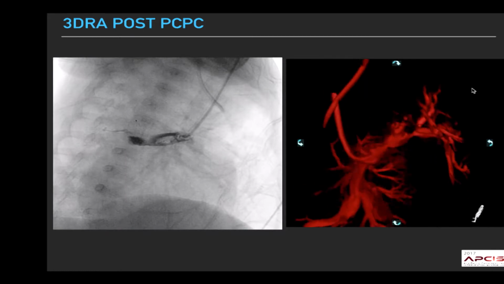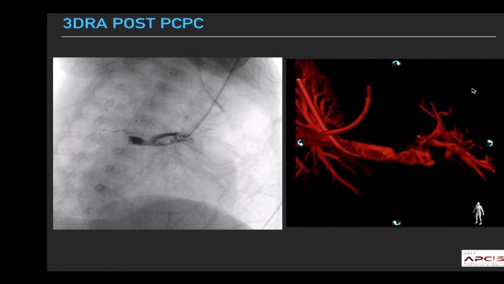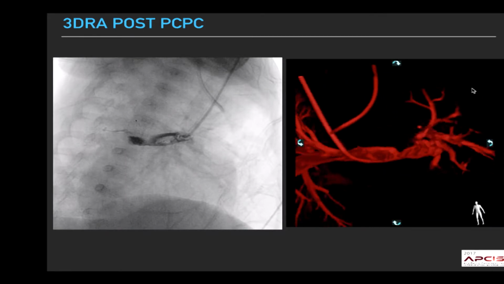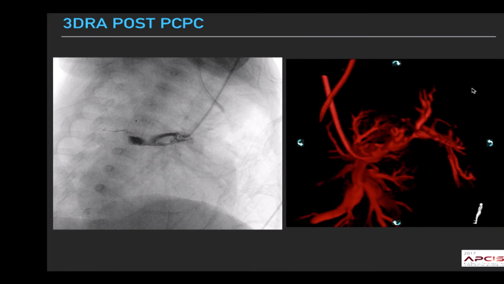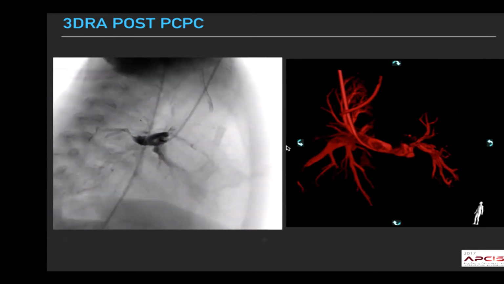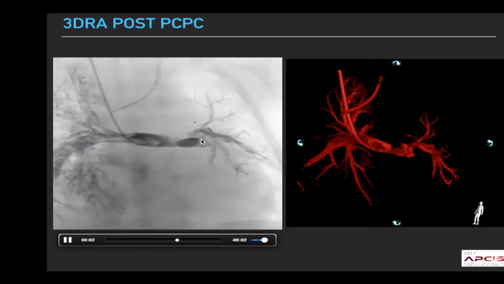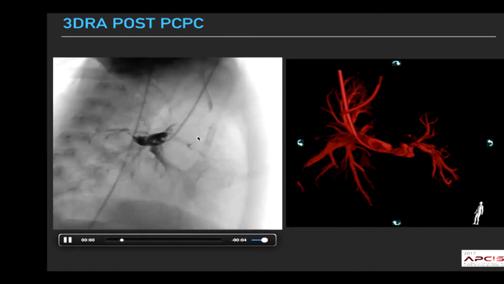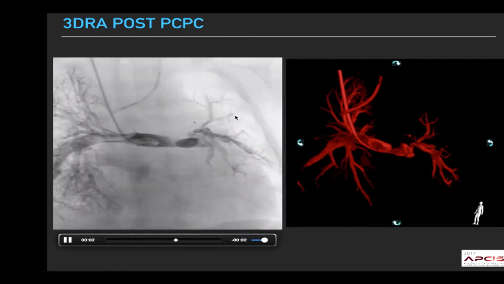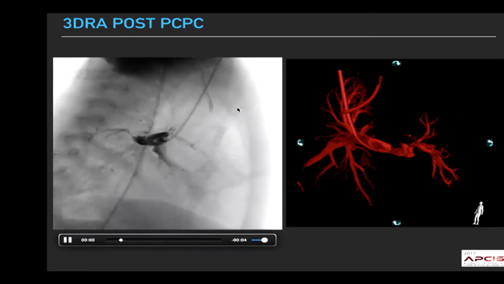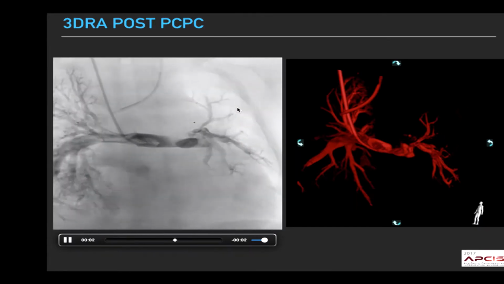Okay, but later we started using also that 3D reconstruction to guide the intervention. And this is an example of a patient after hybrid treatment with even here the critically stenosed left pulmonary artery, and there is a remnant of the stent in the ductal area.